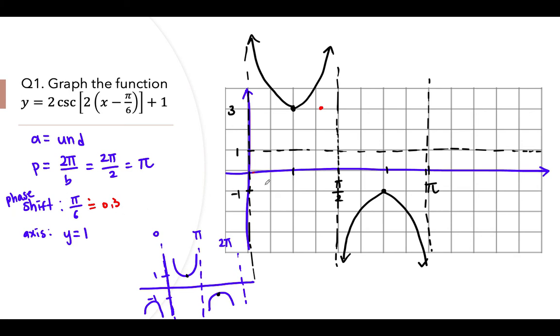Because the phase shift is pi over 6, I will be shifting everything to the right, including the vertical asymptote. So the vertical asymptote will be shifted to the right by about 2 steps. Let's say about here. So this will be pi over 6. And then again, I will be shifting pi over 6 to over here.